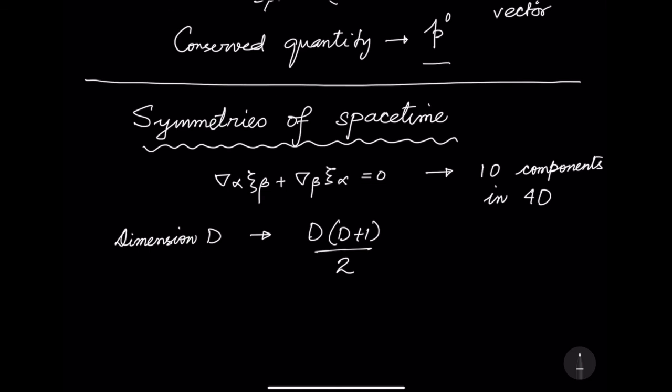So you can figure out what it is if I change d to some other values. Now this is the maximum possible number of Killing vectors. Maximum number of symmetries. One symmetry is associated with one Killing vector.